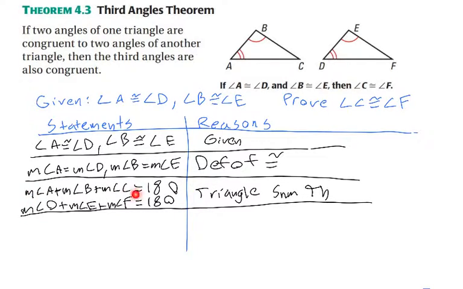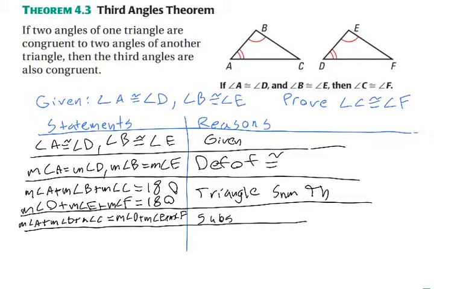So we can set this expression equal to that expression. So measure of angle A plus measure of angle B plus measure of angle C equals measure of angle D plus measure of angle E plus measure of angle F. That's our substitution.